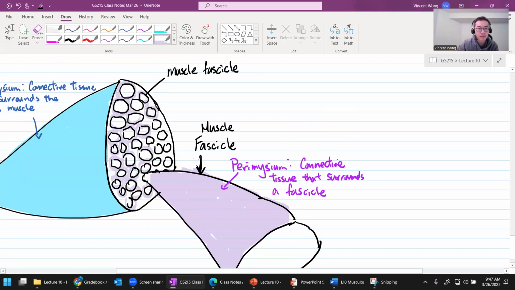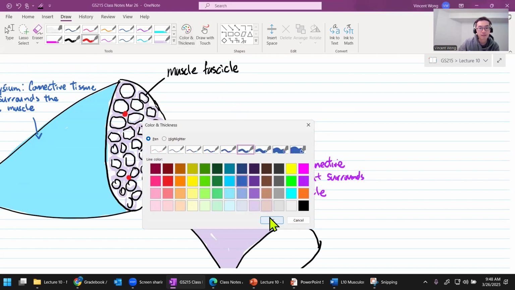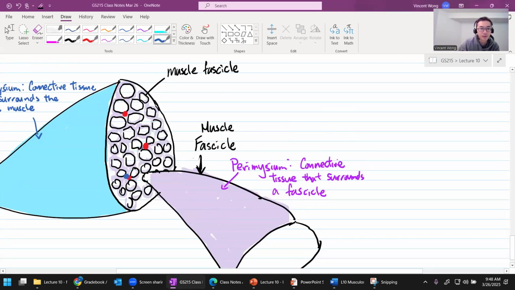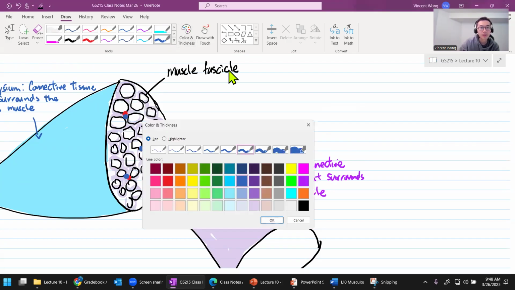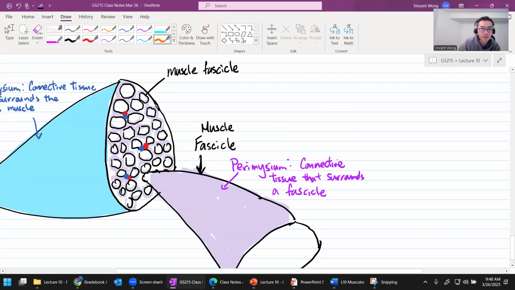Now, between the fascicles, what you will find would be blood vessels. Right? So you might have arteries there. You're gonna have veins, right? And also, you will have nerves, right?